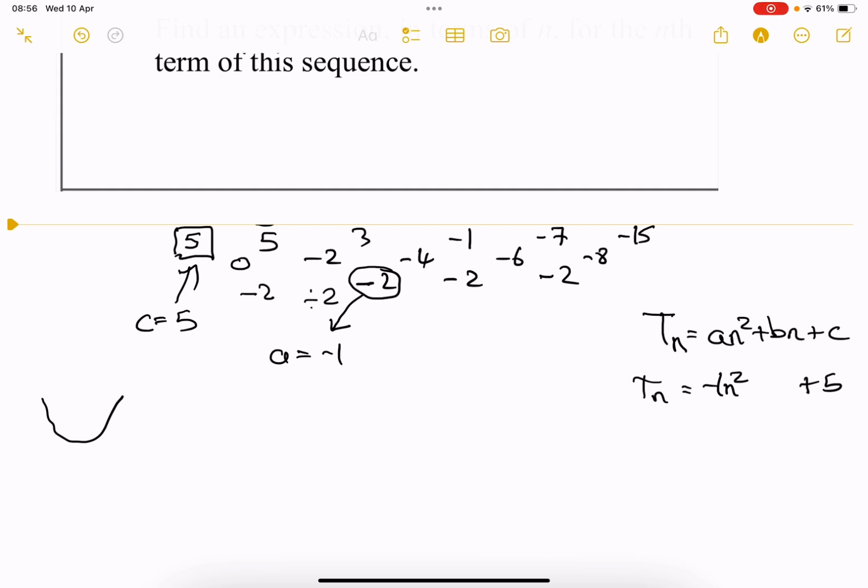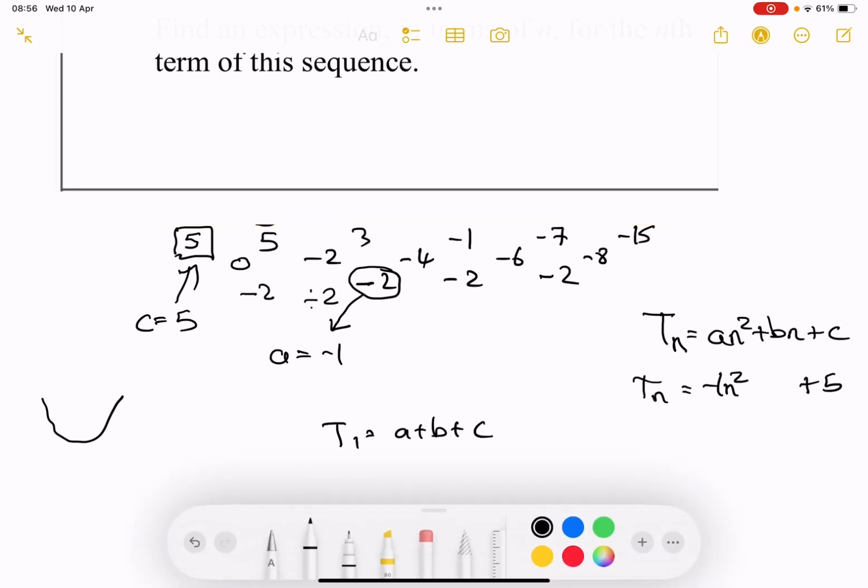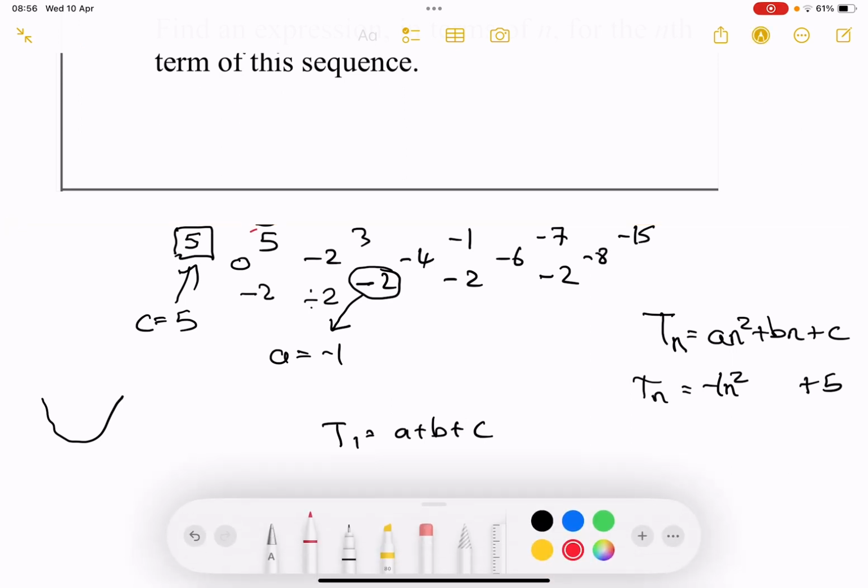And then the thing to remember is that the first term is always a plus b plus c. In this case, the first term happens to be 5. My value of a is -1.